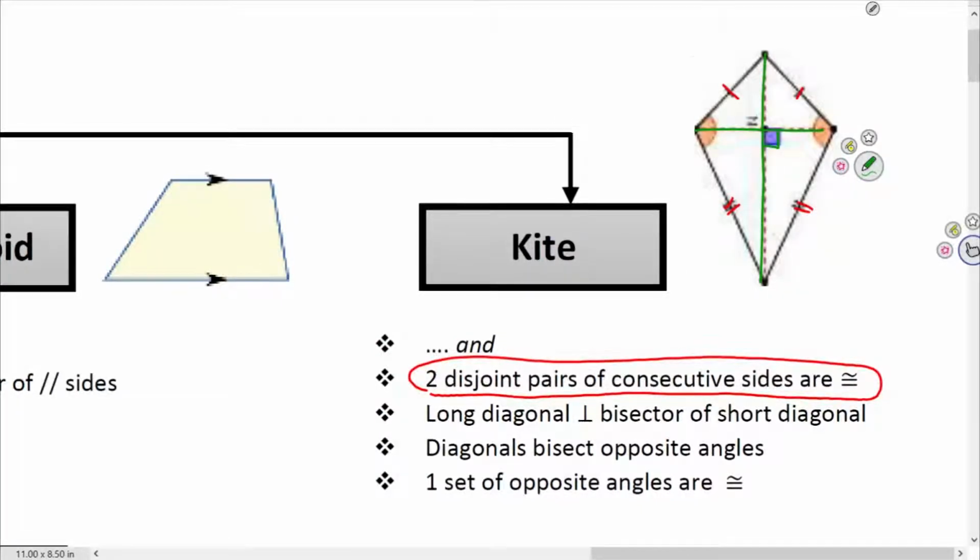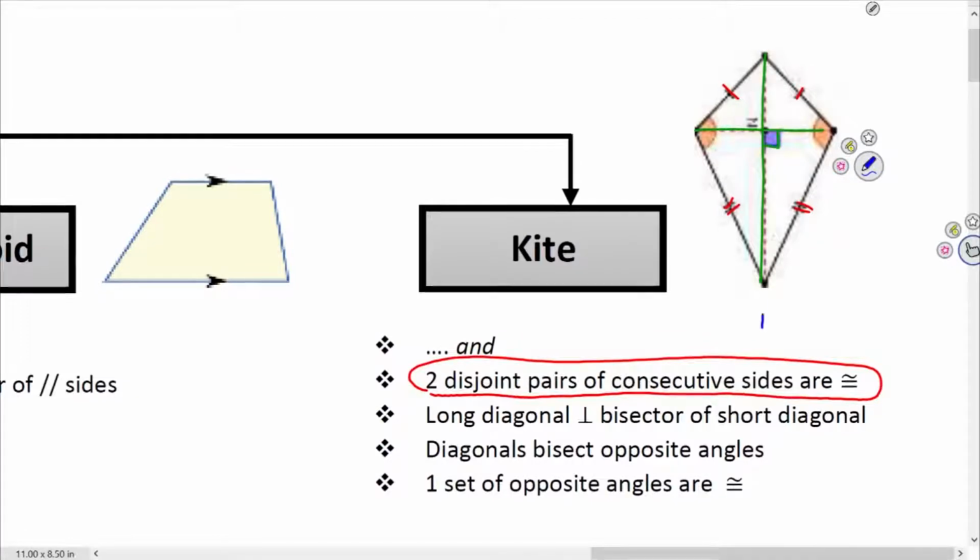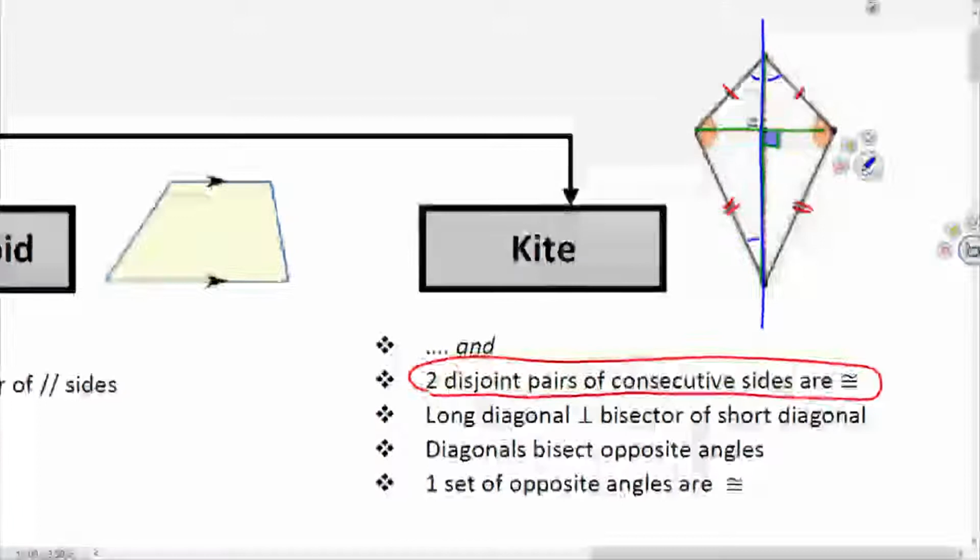The second thing you need to know is that the diagonal that divides the two congruent sides, the kite is symmetric along that line. So what I get is angles that are being cut in half.